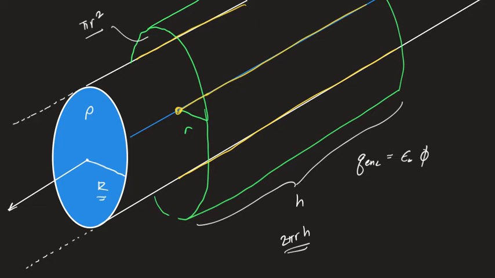So if you don't know what the volume of a cylinder is, allow me to enlighten you. This is going to be the volume of the cylinder of charged material that is stuck inside the can of my Gaussian surface.